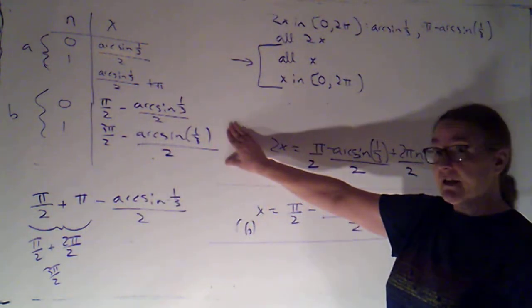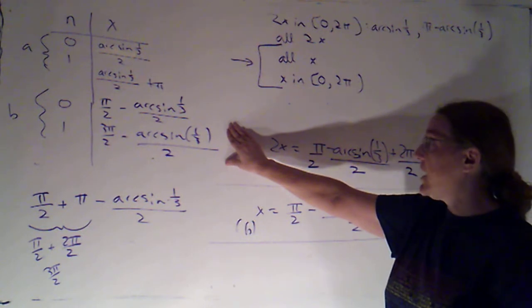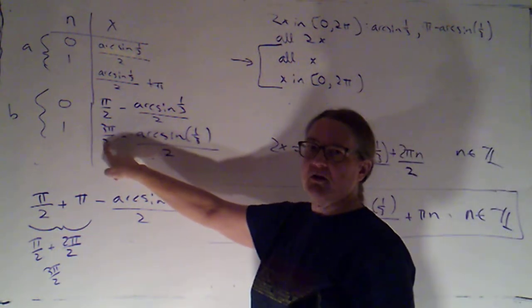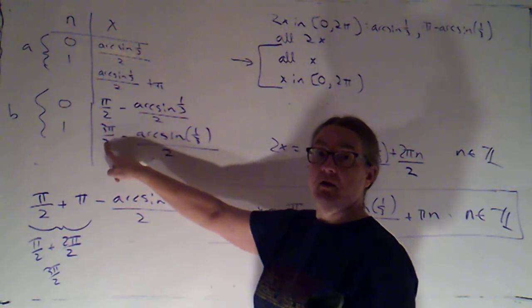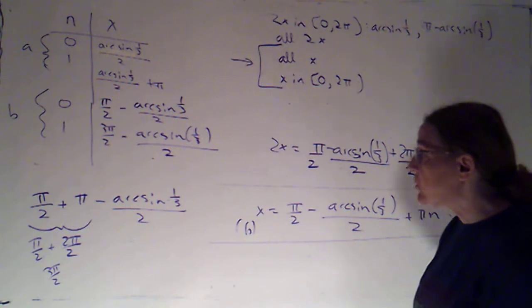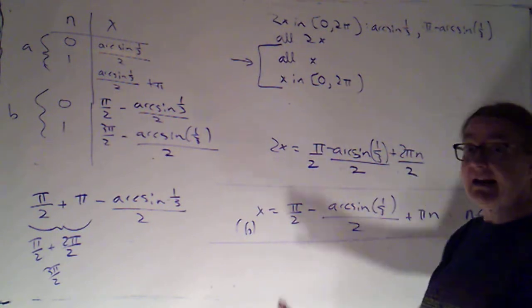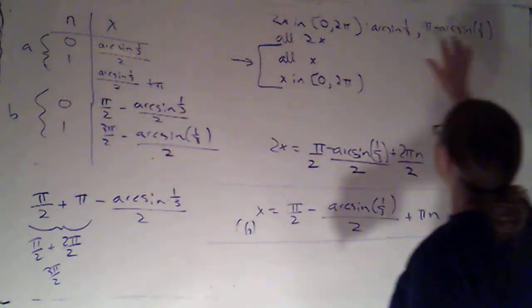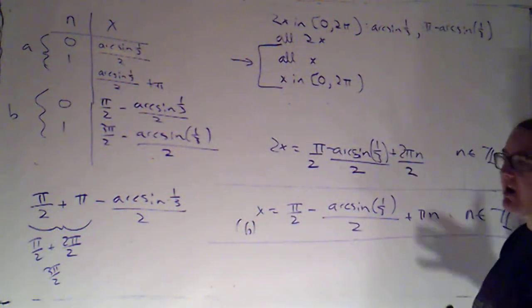That's definitely still between 0 and 2 pi. Remember, this was an acute angle, so we're a little bit smaller than 3 pi over 2. Now we're in quadrant 3. But I can see if I were to add another pi, it would be too big. I'm supposed to have twice as many solutions as I had here, so I pretty much know I'm done.